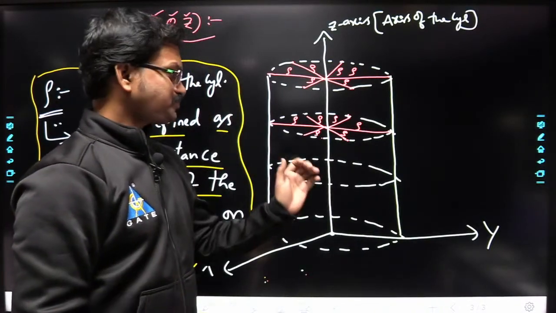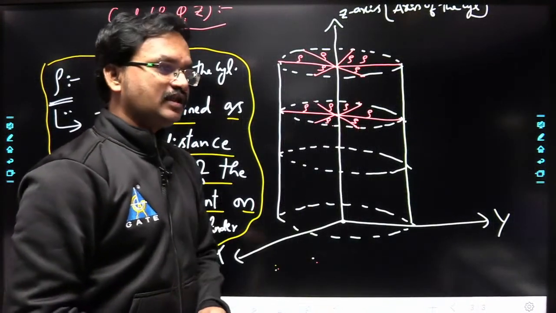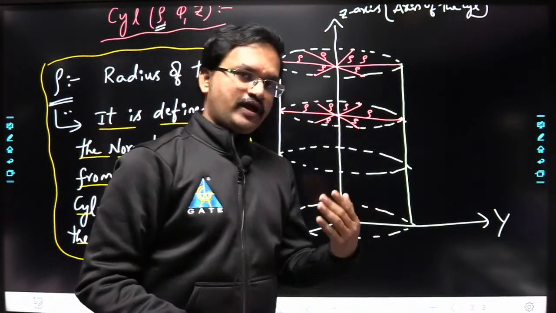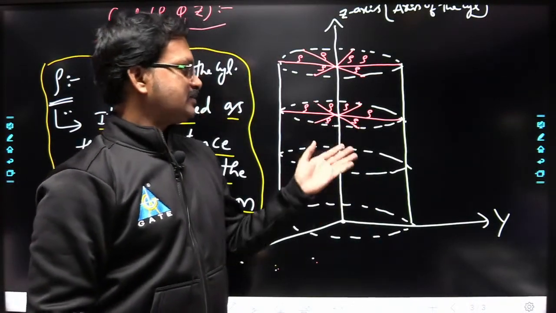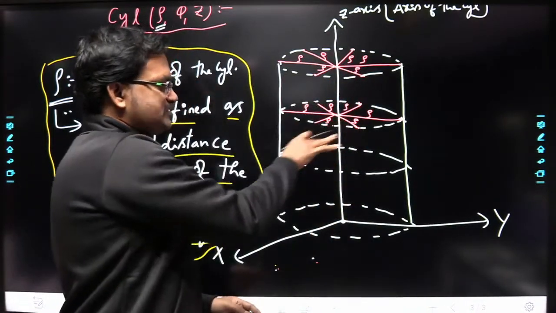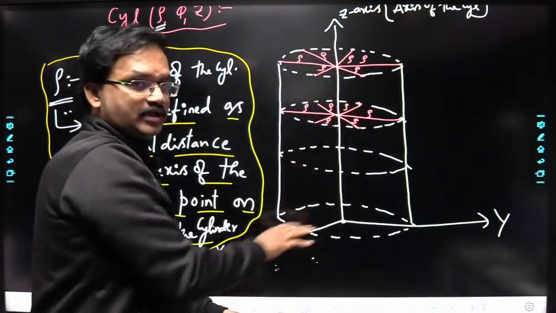Understood? Now you can simply remember rho as the radius of each and every circular ring. We have constructed the cylinder by placing the circular rings one upon the other. Yes or no?